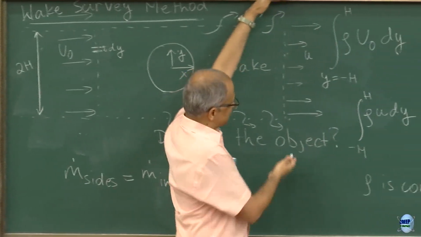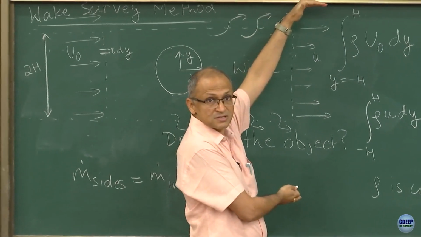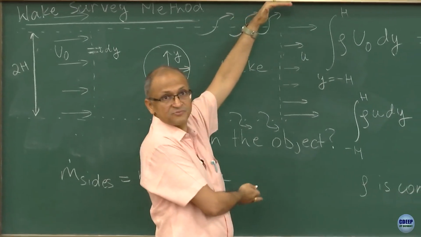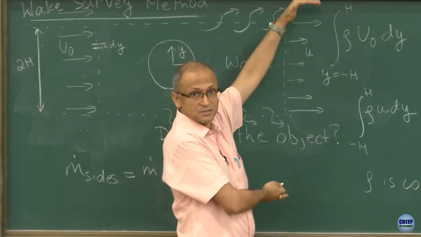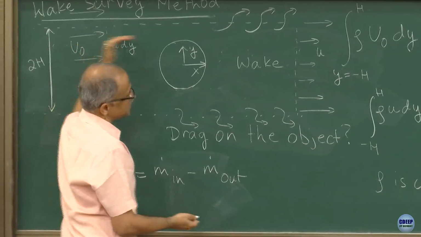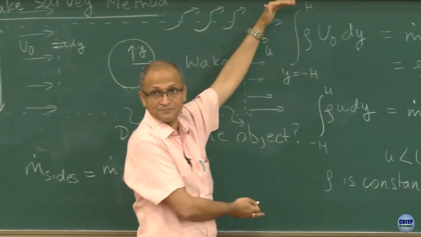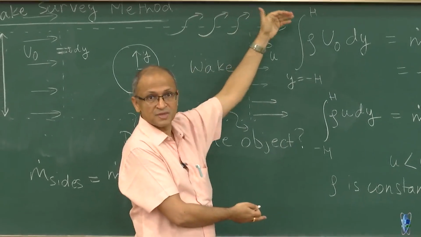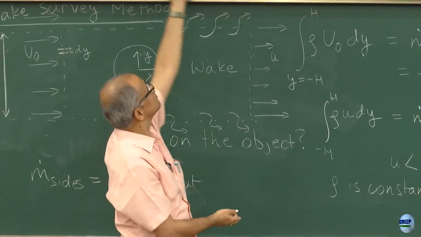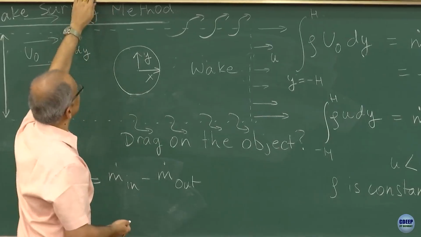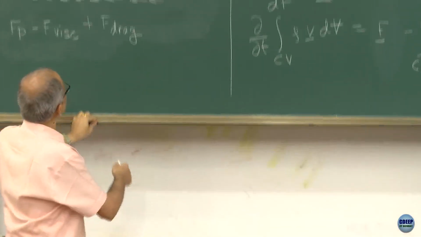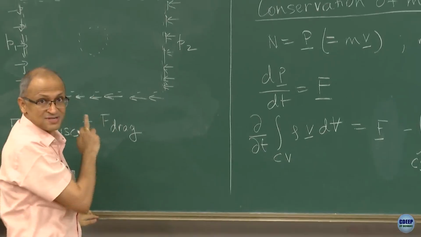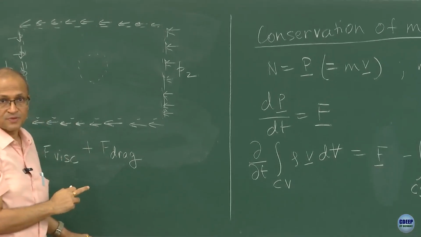But if you go very far away on the lateral sides, the flow is not feeling the presence of the object. So the velocity here and the velocity here are pretty much the same. If the velocity is uniform, then there are no gradients and nothing will be acting on this side. So these viscous forces will disappear in that case.